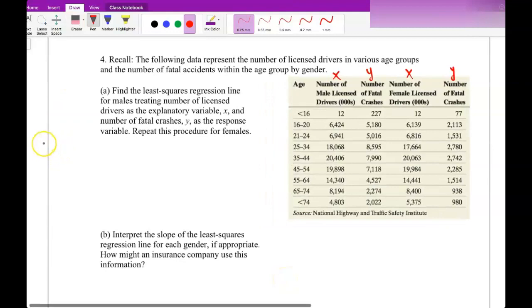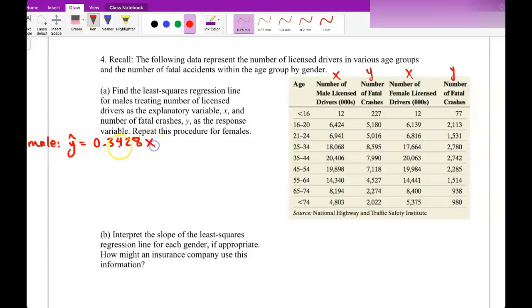Okay, so for males, this is equal to 0.3428. I rounded that. So that was the slope. I'm using equal to. We rounded it, but that's fine. We can use equal to here.